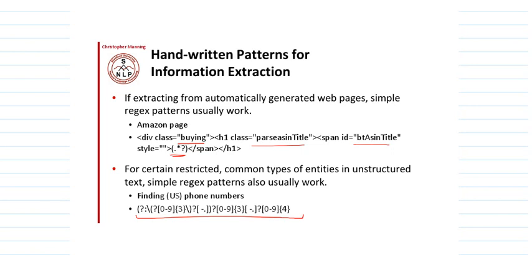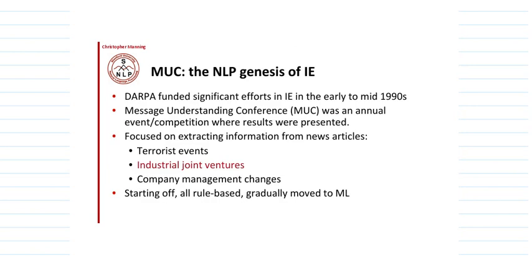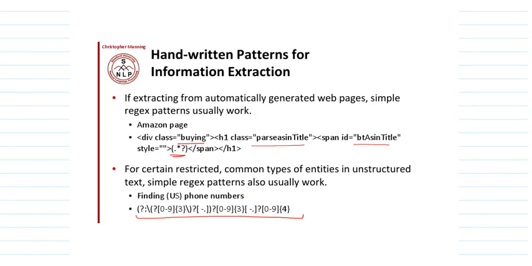So for identifying phone numbers, we can apply these kinds of regular expressions and patterns. But such handwritten, regular expression based approaches are called rule based approaches. We follow some kind of rules. These rules may not always be very well defined, because rules change with time and domain.